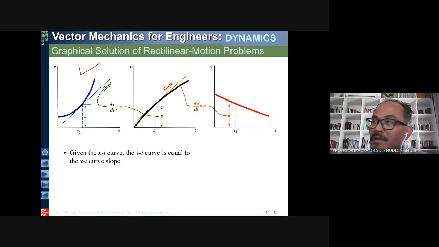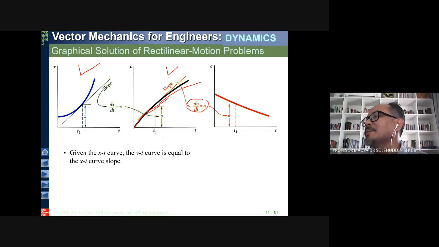We do differentiation dx/dt, so you get v. And then we move to the next graph, which is the graph of v versus time. You plot the graph and you get this curve, and then you get the slope of it. The slope of it is the acceleration.